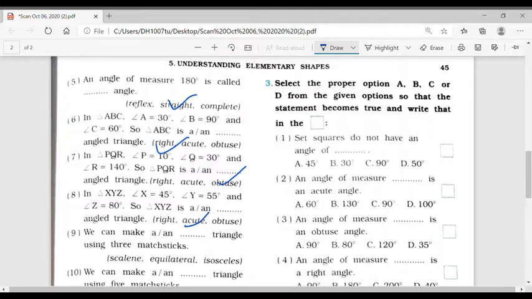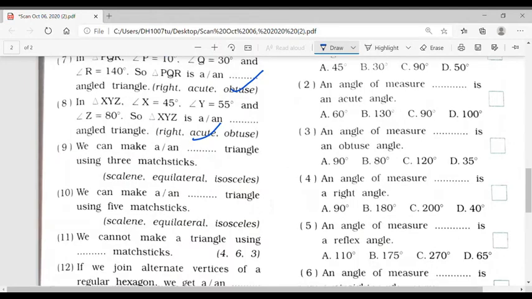Now question number 10, we can make a dash triangle using 5 matchsticks. If we use 5 matchsticks, then isosceles. Why, children? I am going to draw here for you.